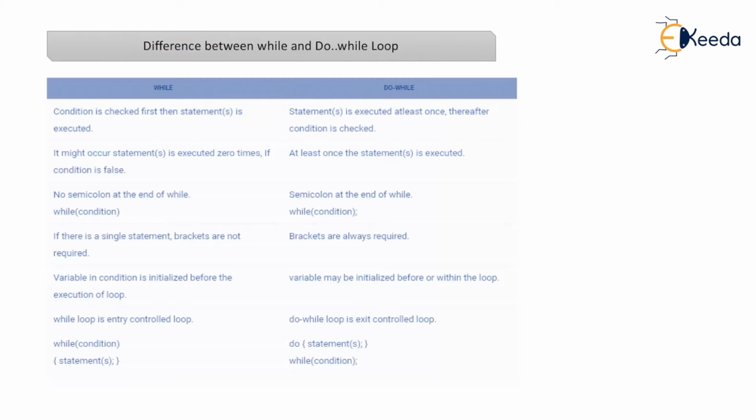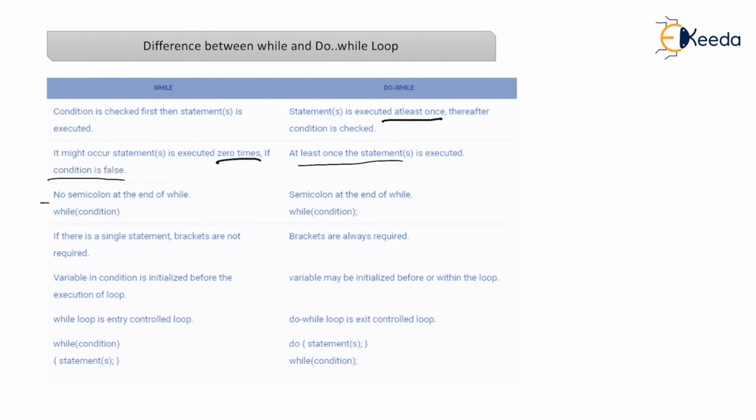In do while, the statement is executed at least once, and then the condition is checked. Second, in while it might occur that a statement is executed 0 times if the condition is false. But in do while, the statement gets executed at least once.